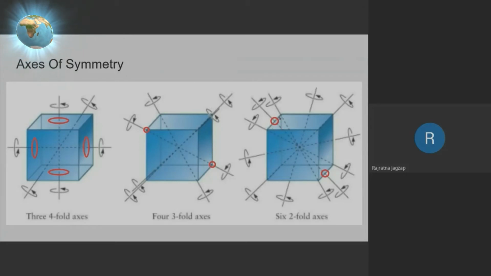Take one edge. This is the length of the edge. This is the center, the half of the edge. So the axis goes through this point, the center of the edge, to the diagonally opposite edge here at the bottom. Another edge is here at the bottom, and this is the center of that edge. So from the top edge center to the bottom edge center diagonally, the axis is running. How many edges do we have at the top? 1, 2, 3, and 4.